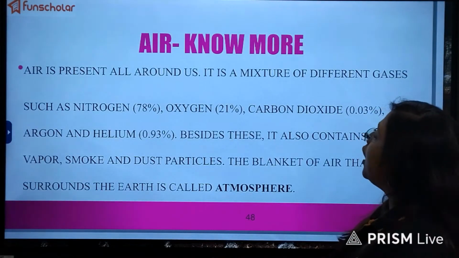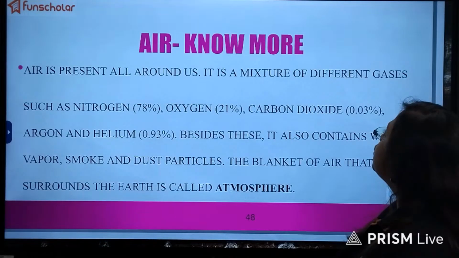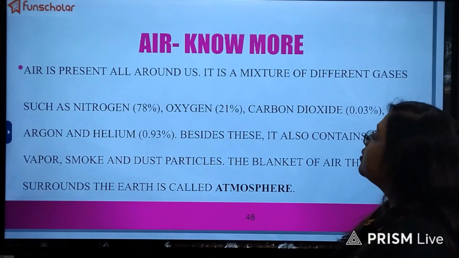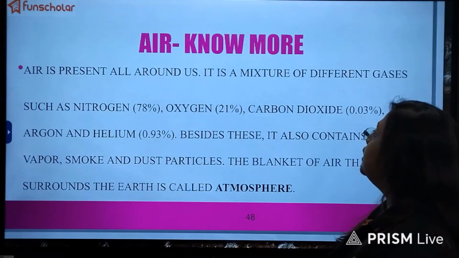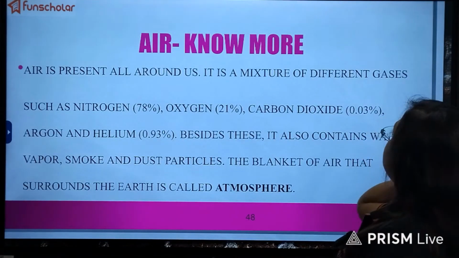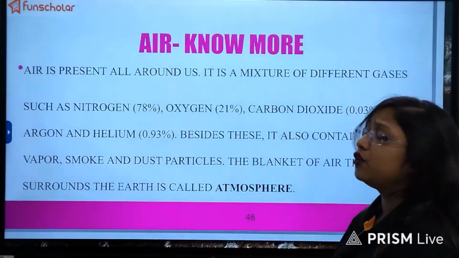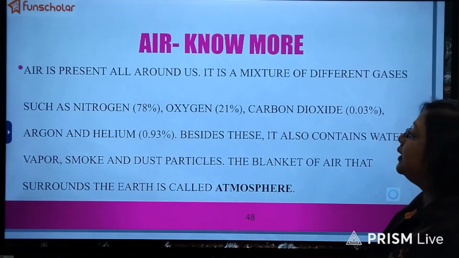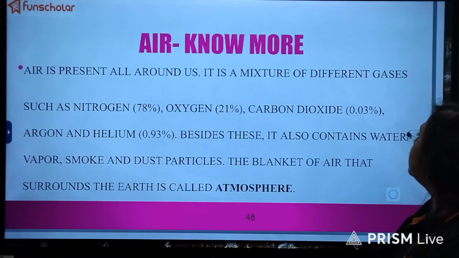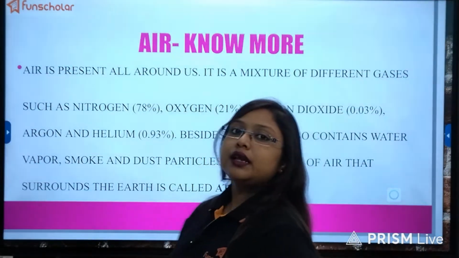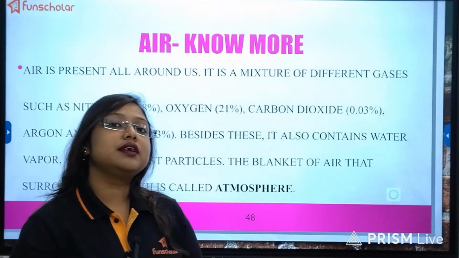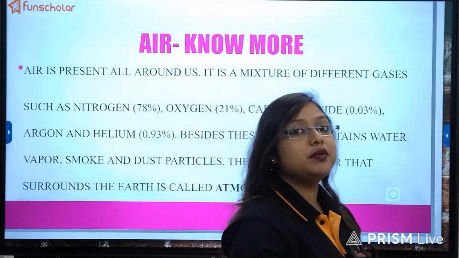Air is present all around us and it's a mixture of different gases such as nitrogen, that is 78%, oxygen 21%, carbon dioxide present in 0.03%, argon and helium in 0.93%, and besides this it also contains water vapor, smoke and dust particles. So there are different kinds of gases, dust and water vapor mixed in it.